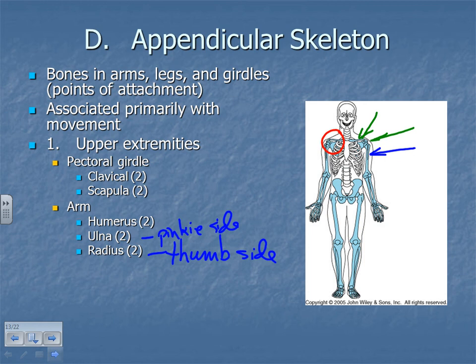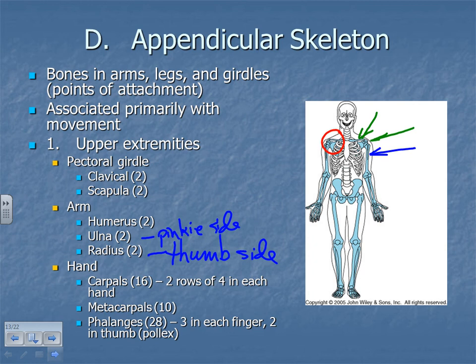And I would encourage one of you or 2 of you to go over to one of the skeletons and demonstrate that on the skeleton, so you can see that one bone rotates around the other. And if you're super, super crazy careful, you can get one of the arms out of the skeleton or show it on the real skeleton, as long as you guys are really, really, really careful. Okay.